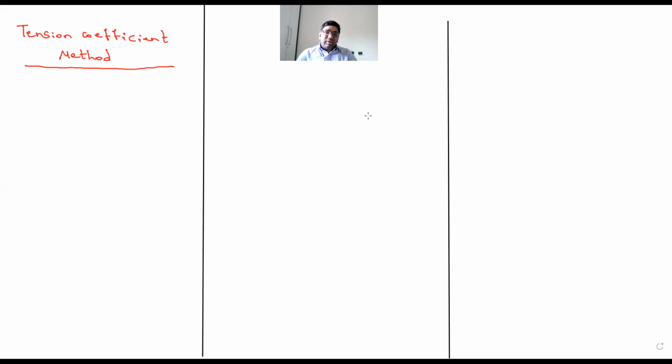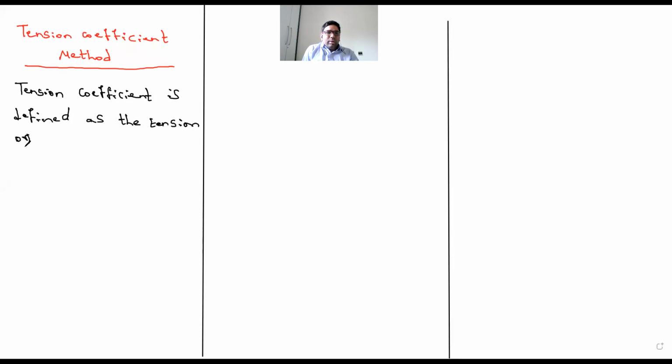So there is a definition for tension coefficient. Tension coefficient is defined as the tension or pull.